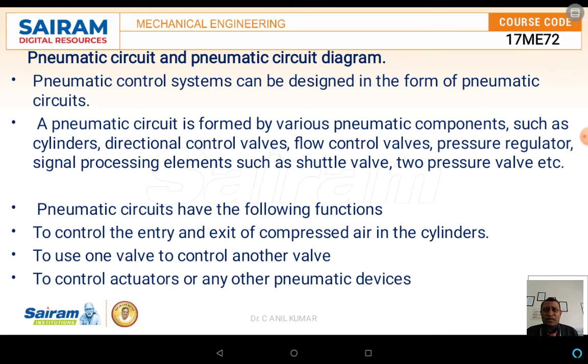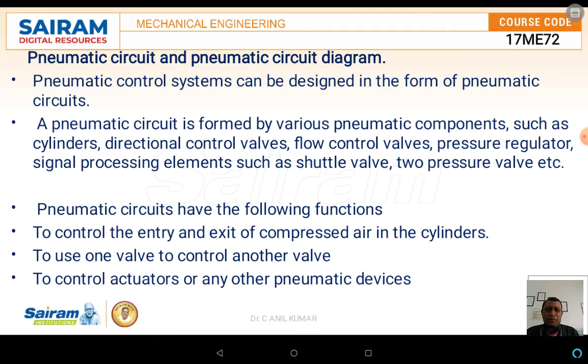The third function is the actuator and the other pneumatic devices, how they work, what the different methods are, and what different types of valves are used to control the circuit, which we are discussing in detail. Especially, the pneumatic circuit diagram consists of three major things: the entry and exit, the different types of valves, and the actuators.